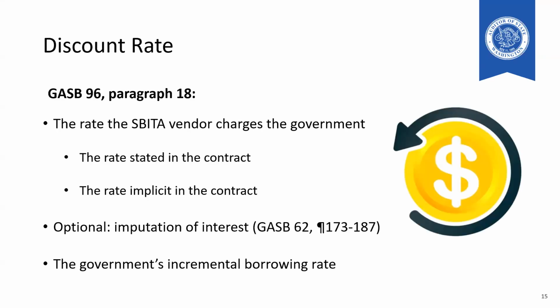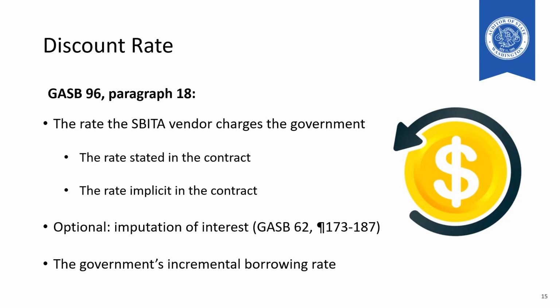So as I mentioned, the SBITA liability is measured at the present value of subscription payments. And you can't talk about present value without talking about the discount rate. GASB tells us that they expect governments to use the rate that the SBITA vendor charges you. The rate could be stated in your contract, and as long as it's a reasonable rate, you would use that for your discount rate.